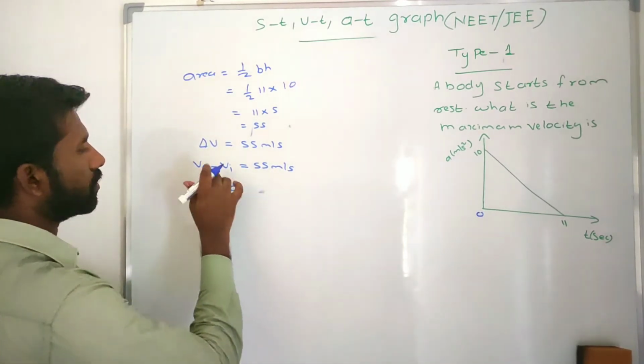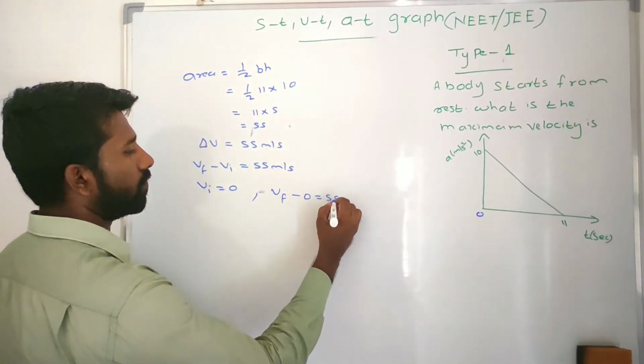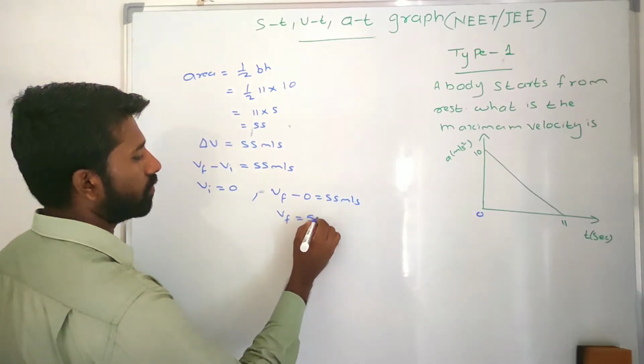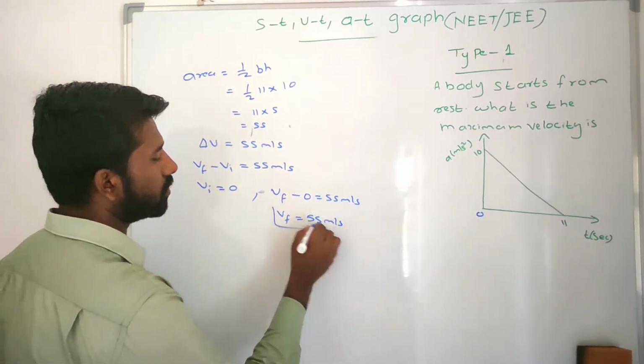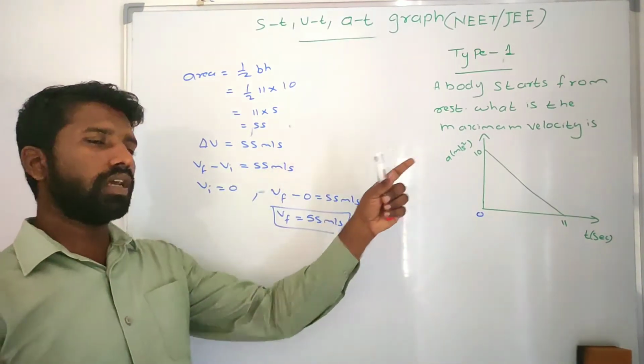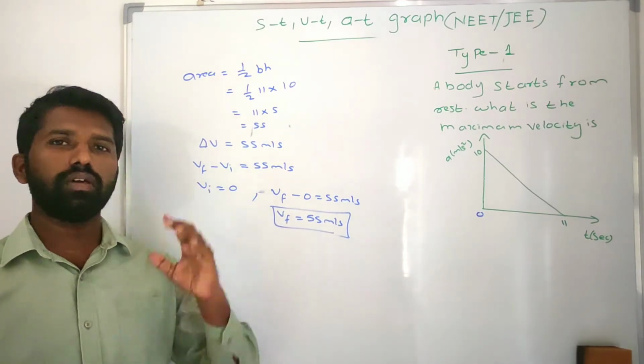So Vf minus 0 is equal to 55 meter per second. So the final velocity is 55 meter per second. This is the maximum velocity. So the answer is 55 meter per second. This is about type 1.